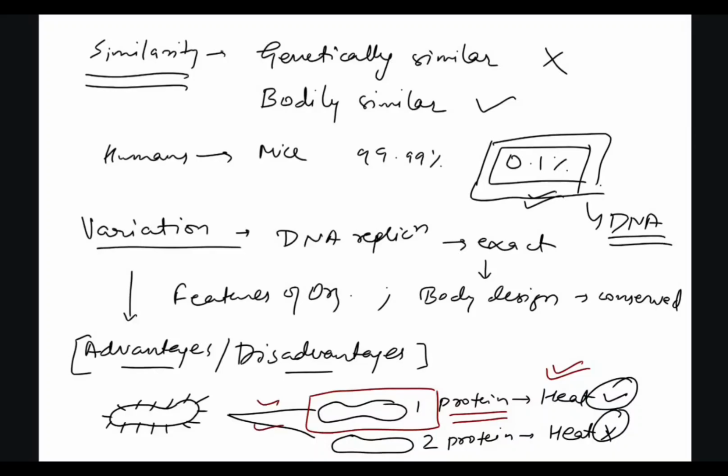Now, one more thing. In bacteria, they make exact copies, genetically exact copies, 100%. Do not take it literally, I use this just to give you an example. If it has a certain sequence of AGCT, all of its offspring will have the same sequence.